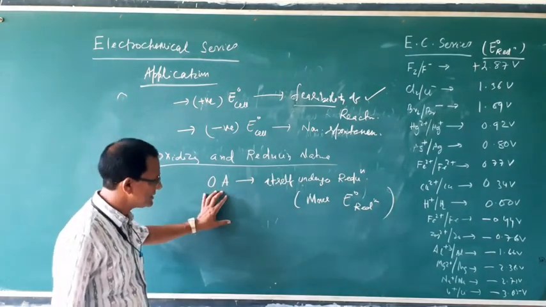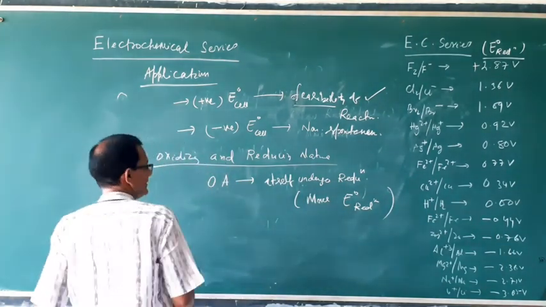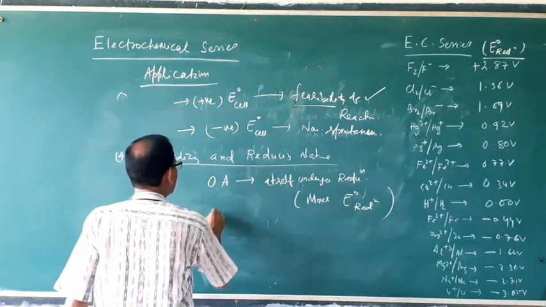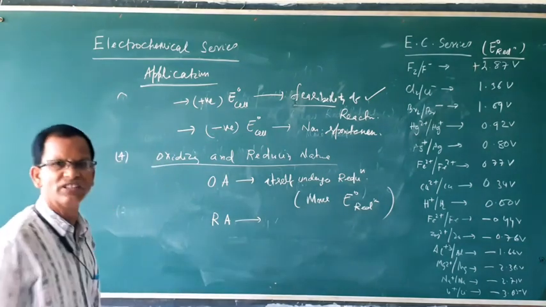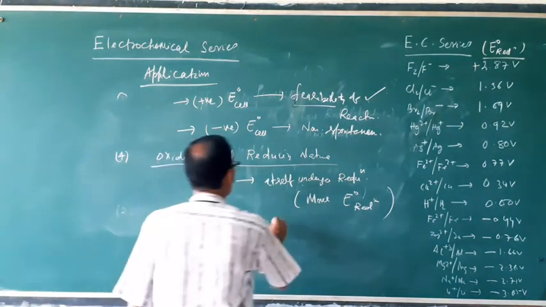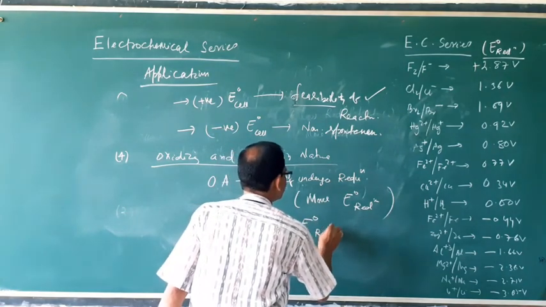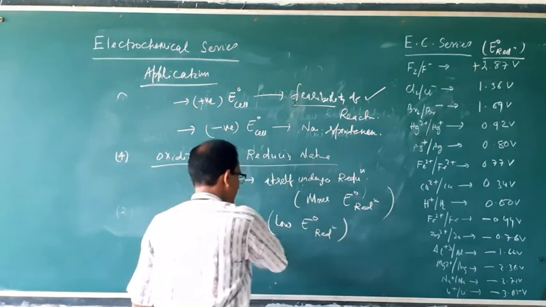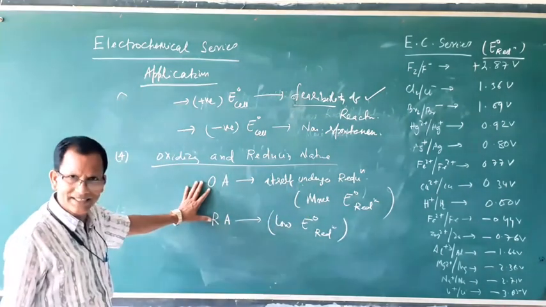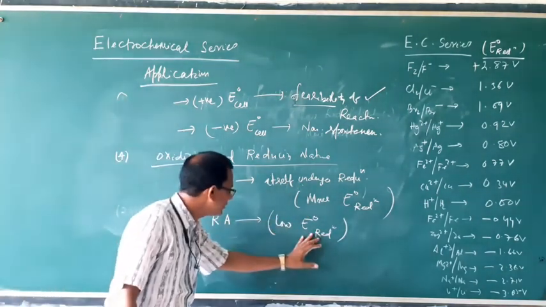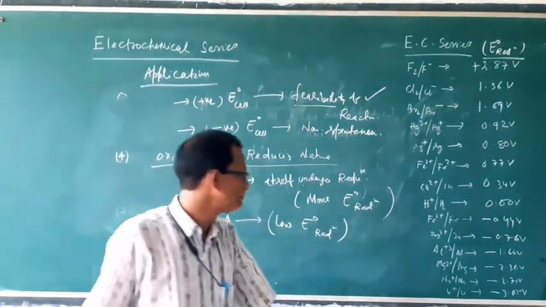For an oxidizing agent, reduction potential should be high. And a reducing agent means low E0 value. High E0 value is an oxidizing agent, and low E0 value is a reducing agent.